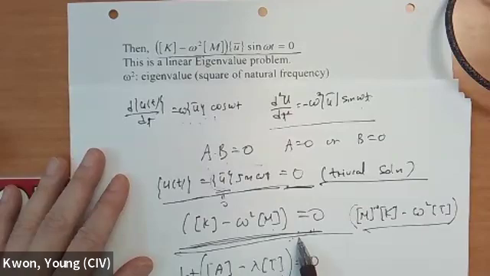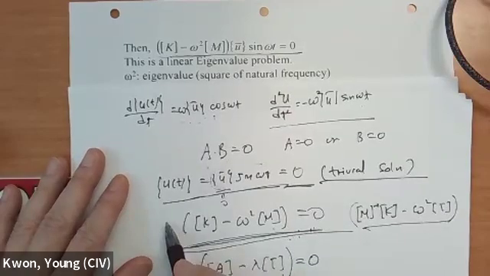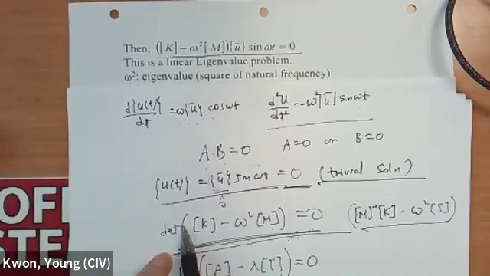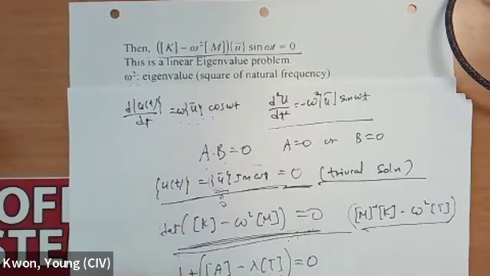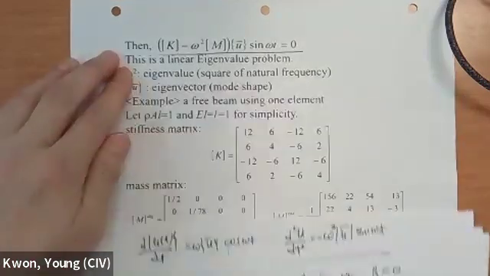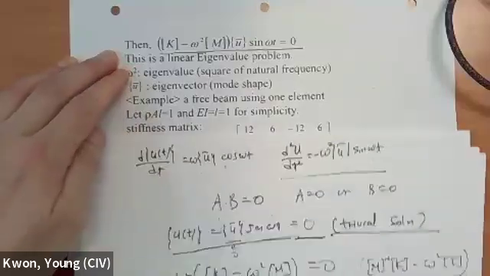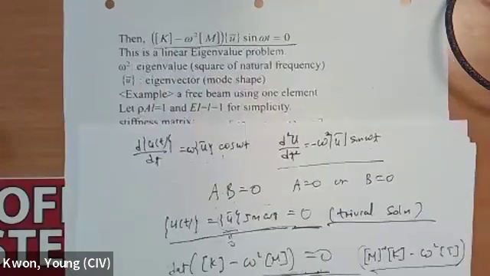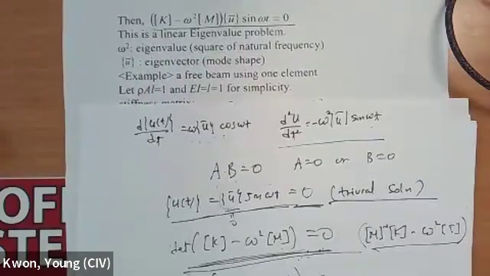So to find this one, as stated, the determinant of this has to be 0. Then what do you mean by the determinant of this matrix being 0?